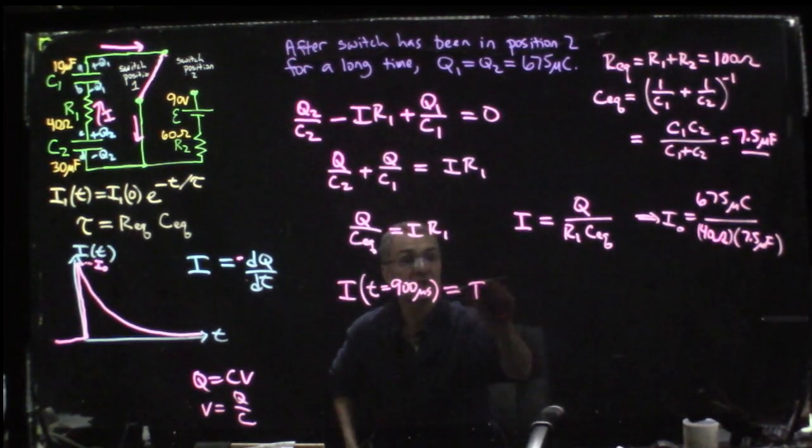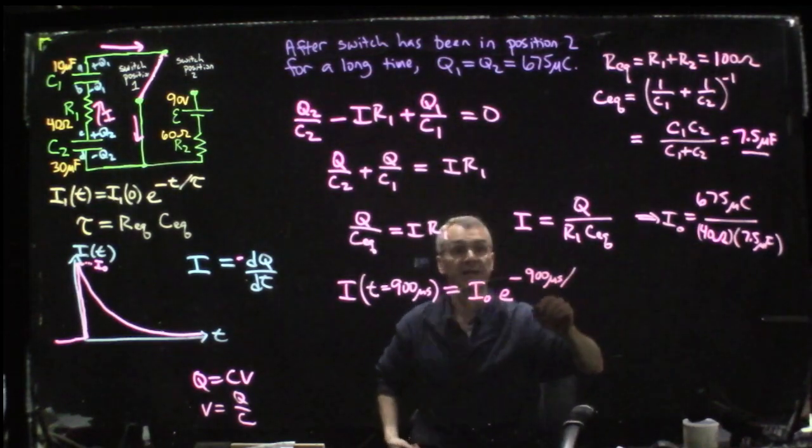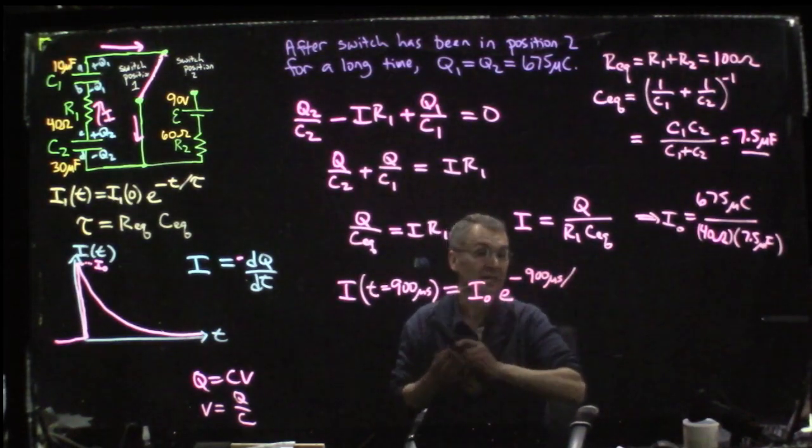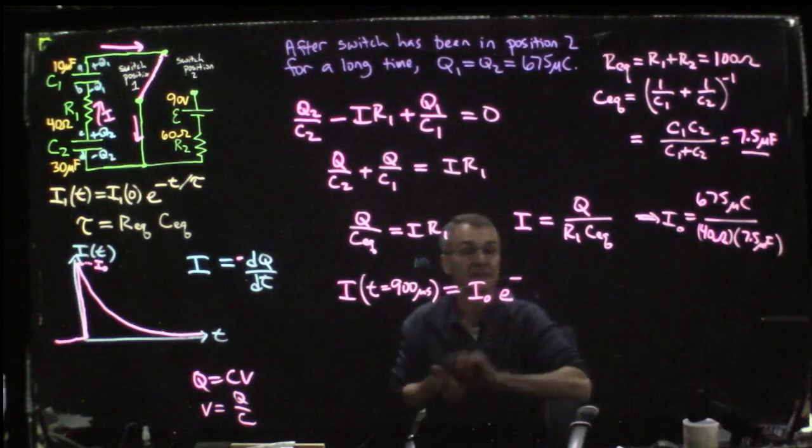So that's this I0 value we haven't evaluated yet, times e to the minus 900 microseconds divided by, this is e to the minus t over tau.